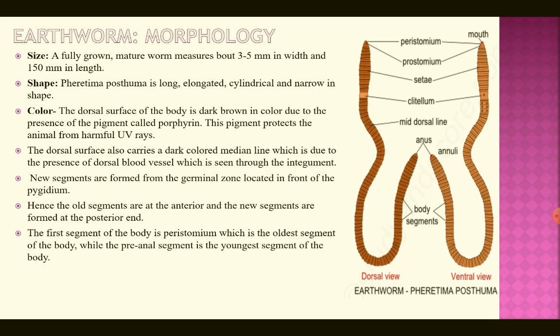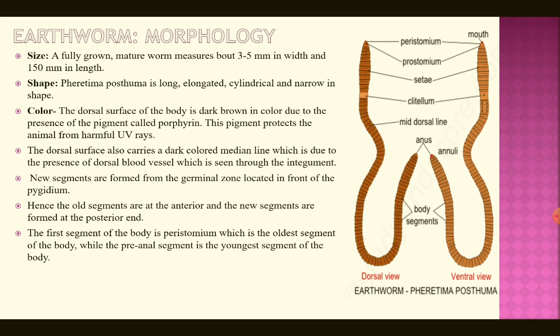That way the newly formed segment will be found towards the posterior end, and the oldest segment of the worm will be seen at its anterior most tip. That is, the peristomium, which is the first segment of the body, will be the oldest segment, while the preanal segment, which is in front of the anus, will be the youngest segment of the body.